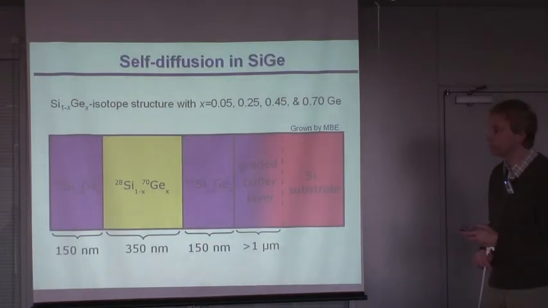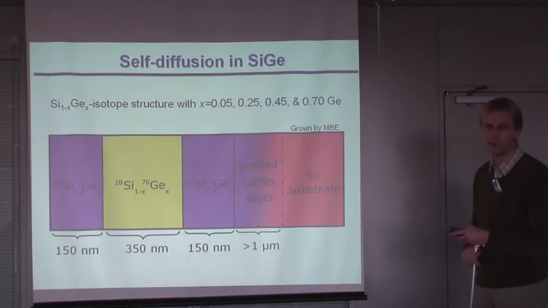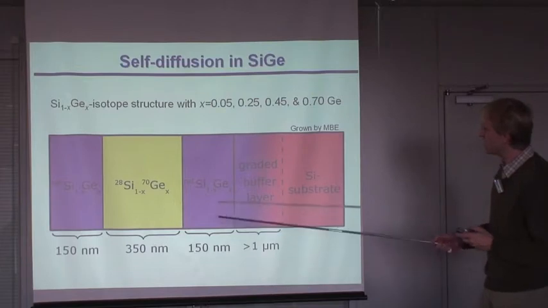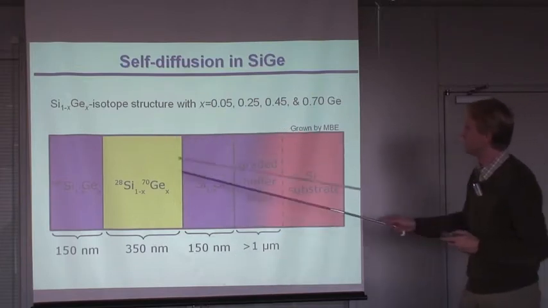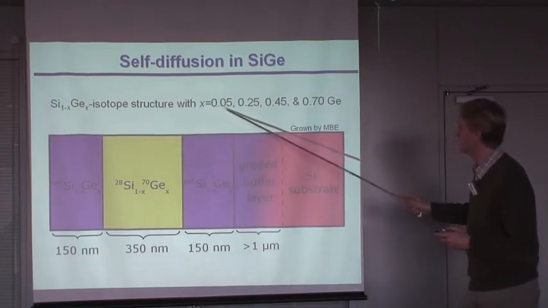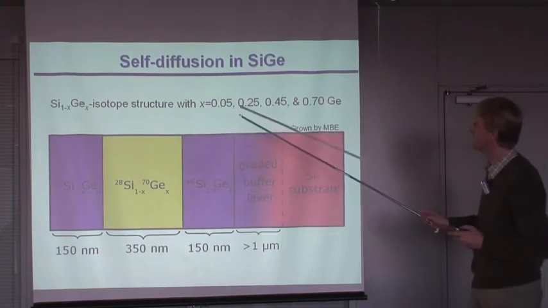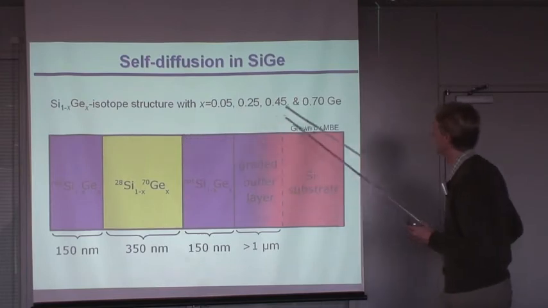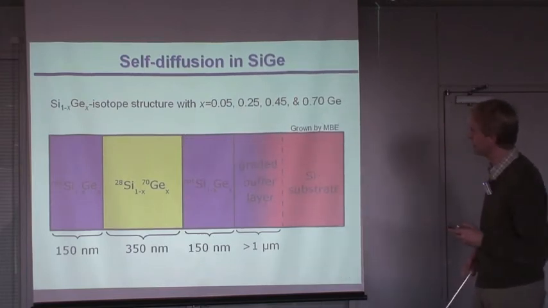Okay, so self-diffusion in silicon germanium. So it's getting more and more complicated. So we had such kind of isotope structure. Silicon germanium X means the different alloy compositions. So with a small X silicon rich, with a high X germanium rich.